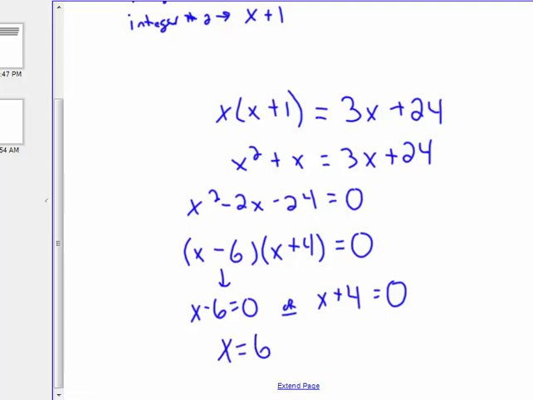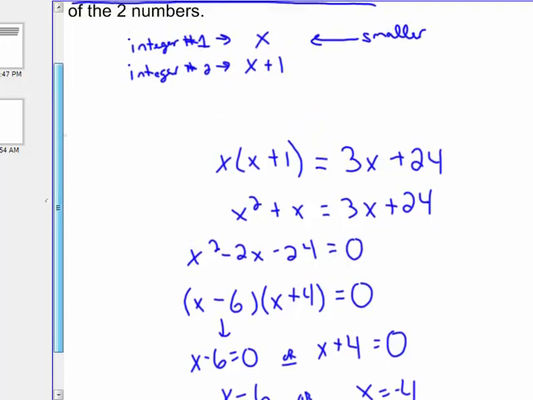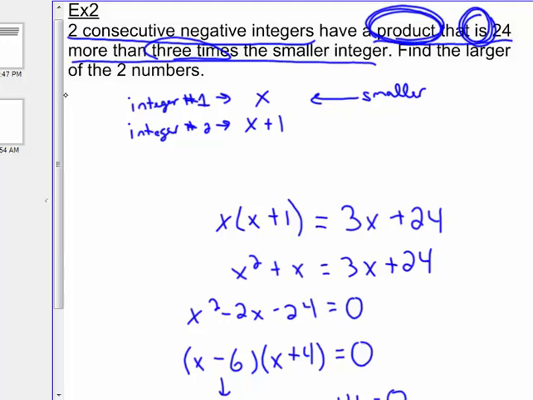So I get x equals 6, x equals negative 4. Okay, again, if I look at the 6 here, does 6 make sense in the problem? It says I have 2 consecutive negative integers. Well, is 6 negative? No.